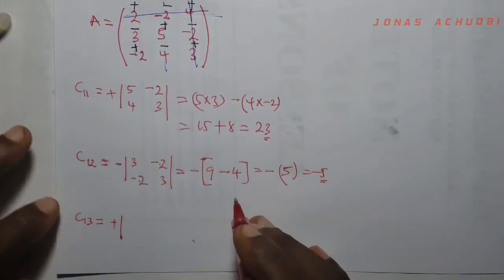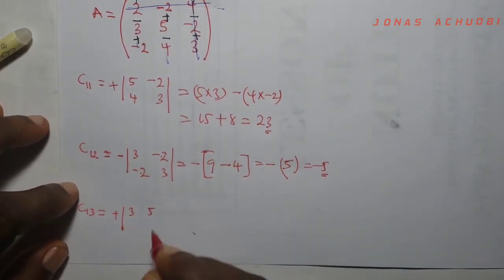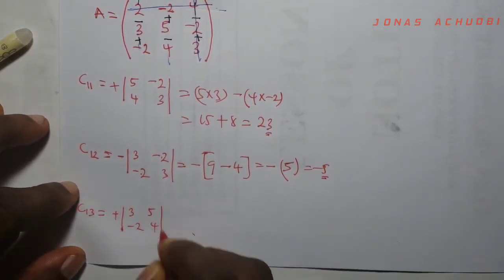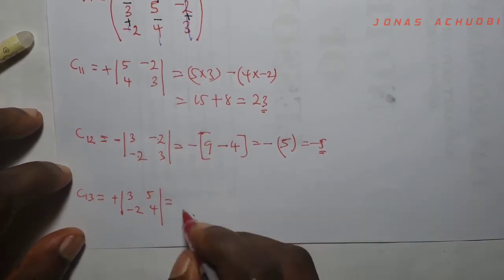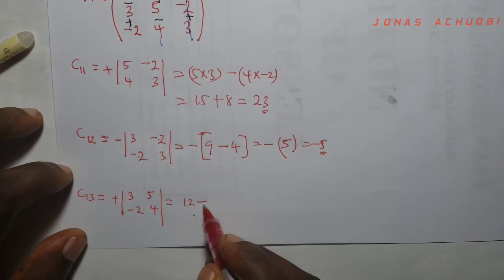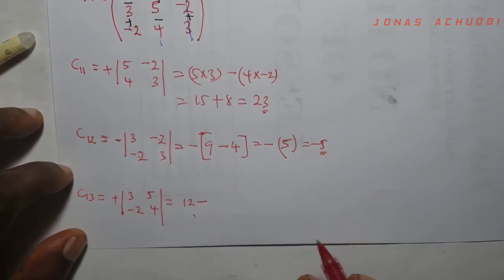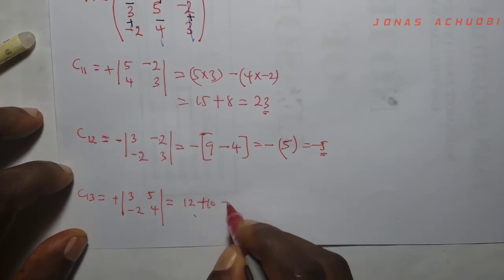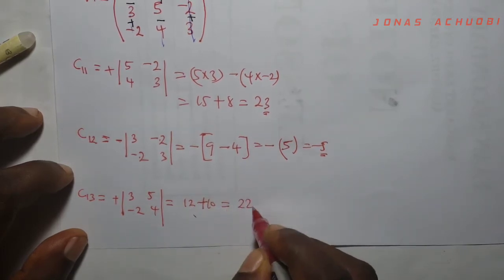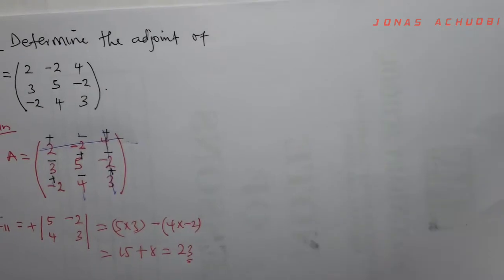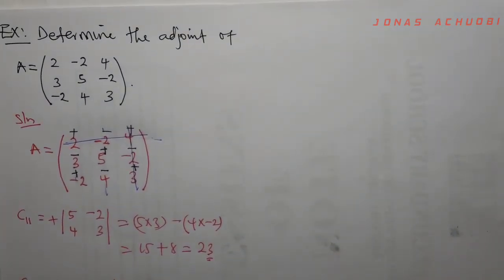And what do I have left? The determinant there is 3, 5, -2, and 4. And that would be, this is plus already, so 3 times 4 is 12, minus, this minus comes with the formula, minus -2 times 5 is -10. So this is plus 10. So 12 plus 10 is 22. That is our next cofactor.